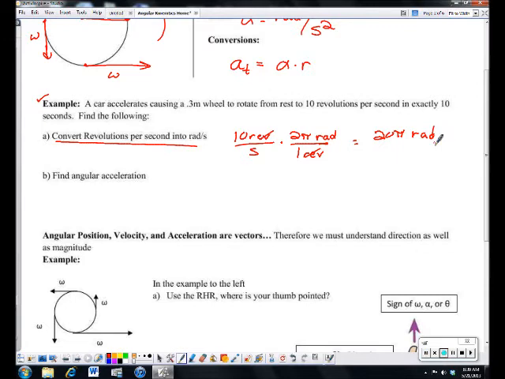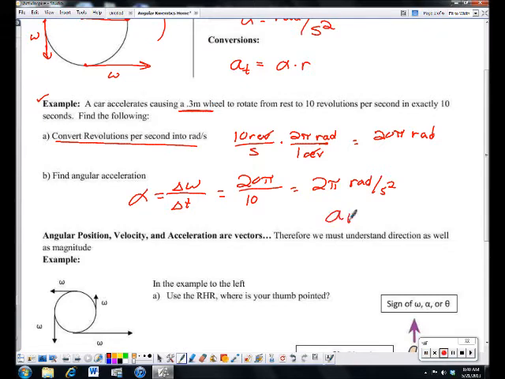How would I find angular acceleration? Very simple. Angular acceleration is a change in angular velocity over a change in time. So 20 pi divided by a time of 10 seconds gives you 2 pi radians per second squared. Now notice I did not use 0.3, but if I wanted to find my actual tangential acceleration, I would say, okay, that's angular acceleration times r.